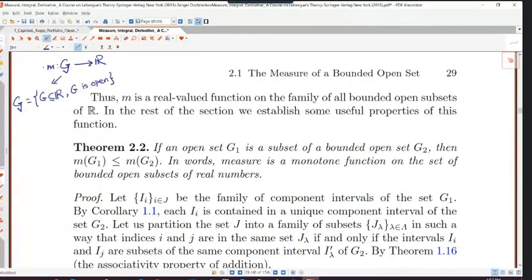So the measure is a real valued function on the family of all bounded open subsets. And G is open and bounded.